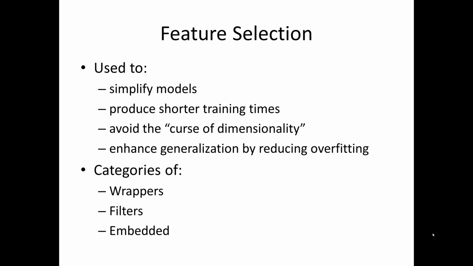Evaluation involves running a model on each subset of features. Wrappers are computationally expensive and have the potential of overfitting. Filters are similar to wrappers, except that a filter is applied to each subset of features. Embedded algorithms are actually embedded in specific models.